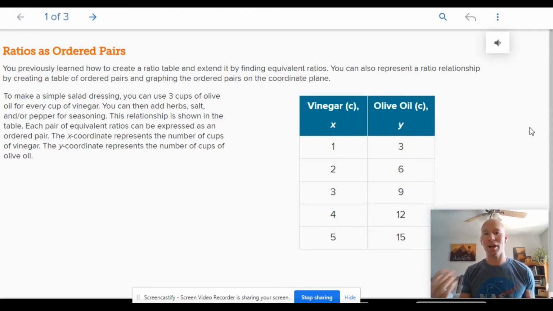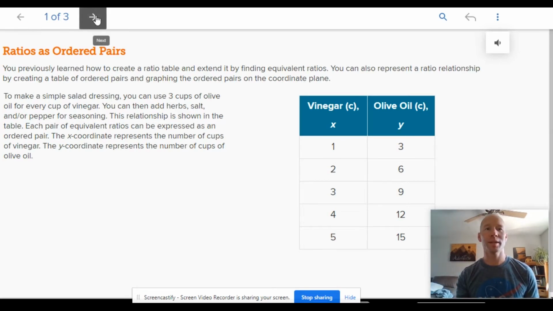You can then add herbs and salt and pepper for seasoning. The relationship is shown in the table. Each pair of equivalent ratios can be expressed as an ordered pair. The x-coordinate, the horizontal coordinate, represents the number of cups of vinegar. The y-coordinate, the vertical coordinate, represents the number of cups of olive oil.